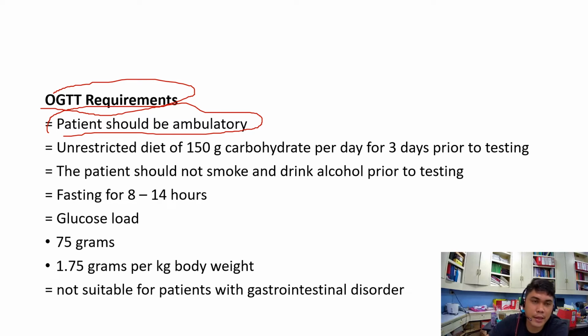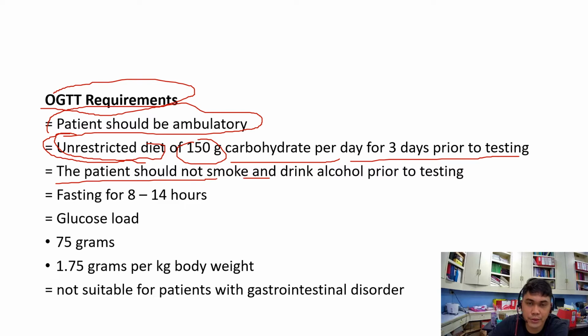Next, an unrestricted diet of 150 grams carbohydrate per day, 3 days prior to testing. The patient should not smoke or drink alcohol prior to testing, because smoking increases glucose concentration and alcohol decreases glucose concentration. And the patient should fast for at least 8 hours.